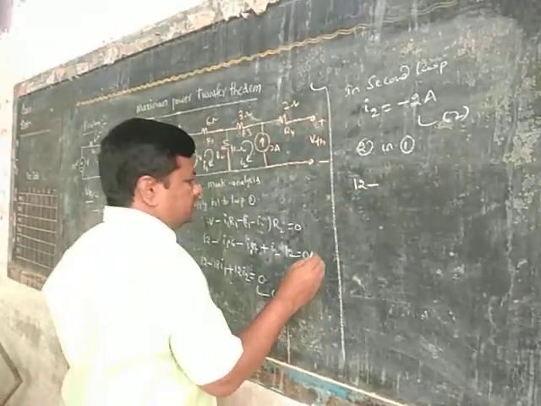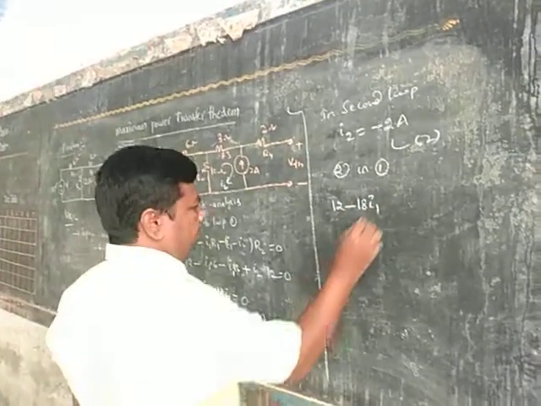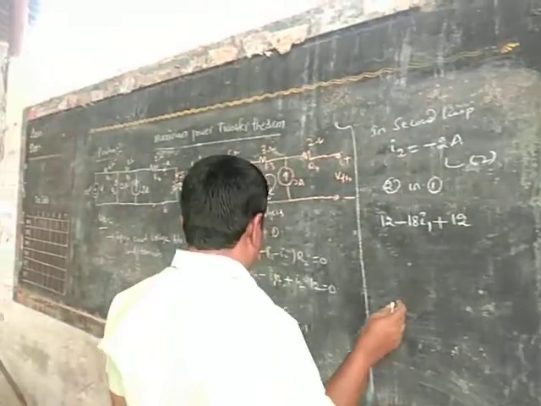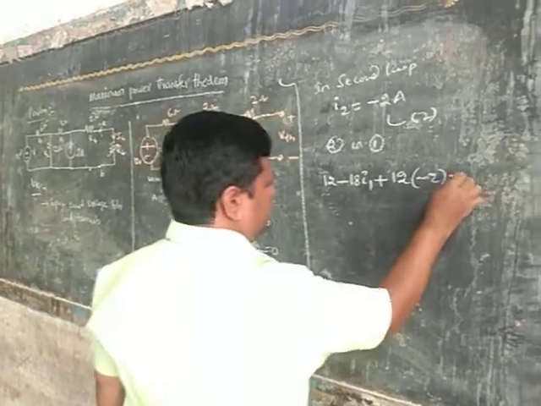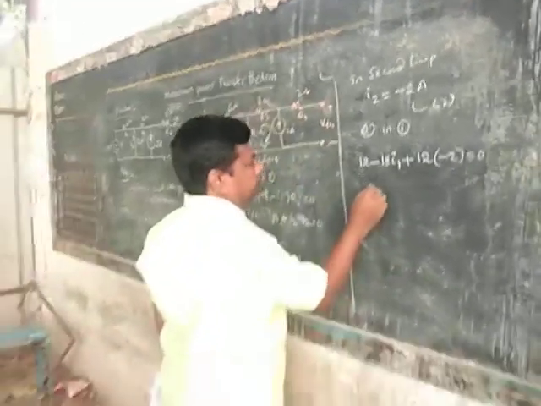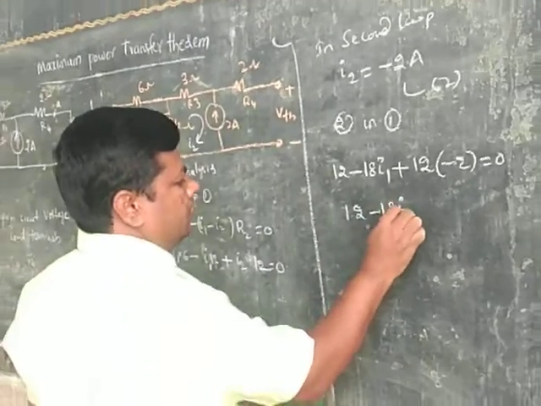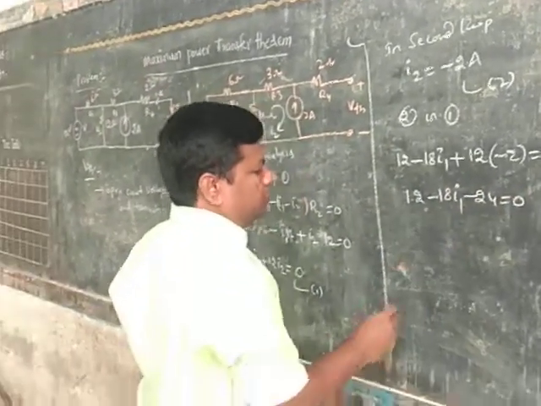12 minus 18 I1 plus 12 into I2, which is minus 2, is equal to 0. So 12 minus 18 I1 minus 24 is equal to 0.